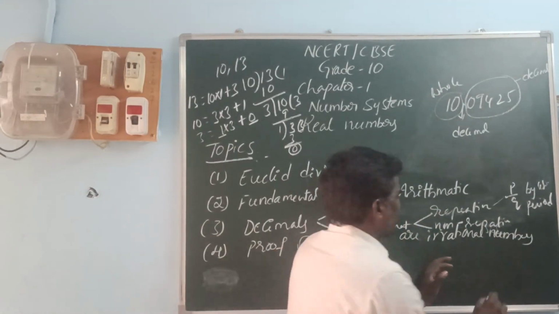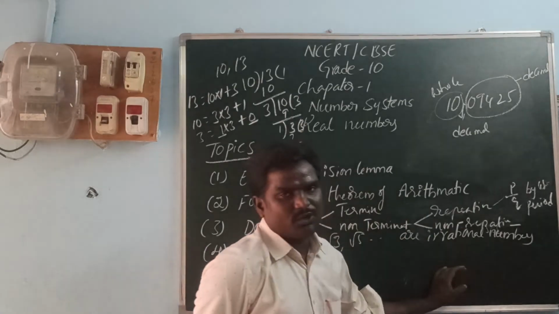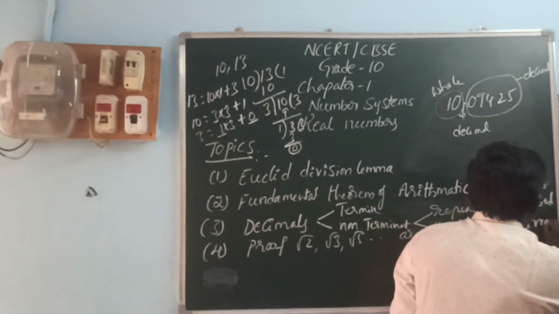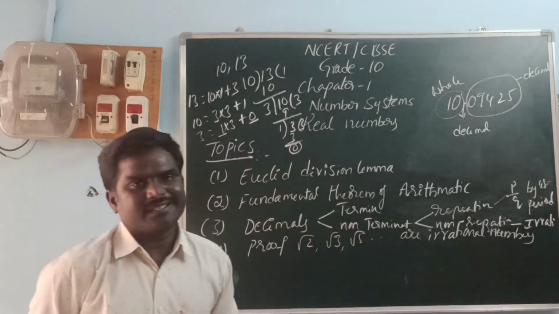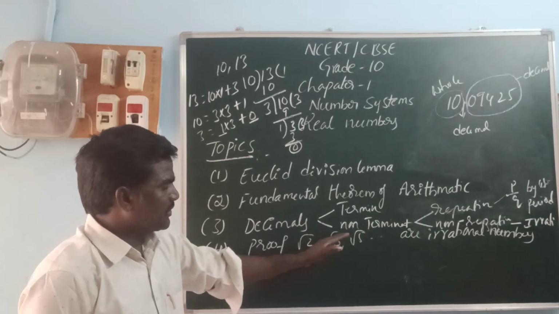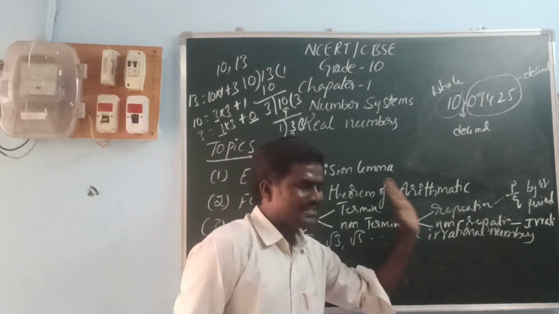Non-terminating non-repeating decimals cannot be written in the form of P by Q. Therefore these numbers are called irrational numbers.